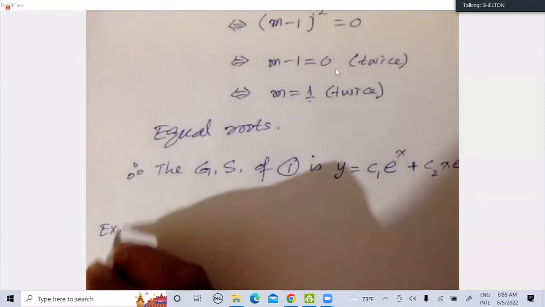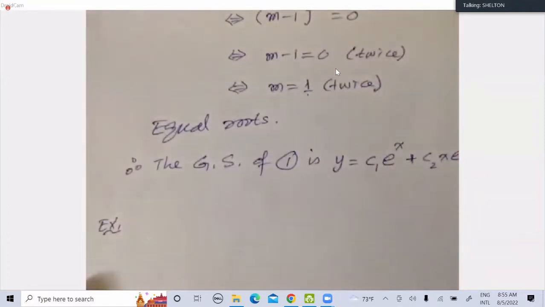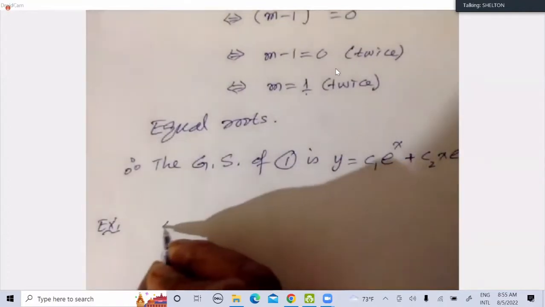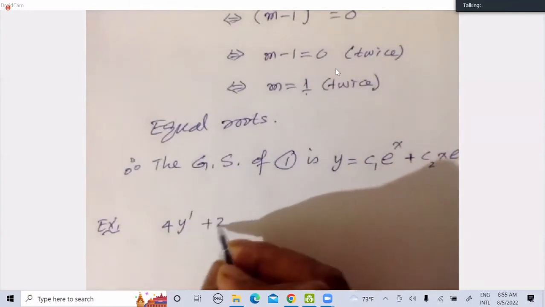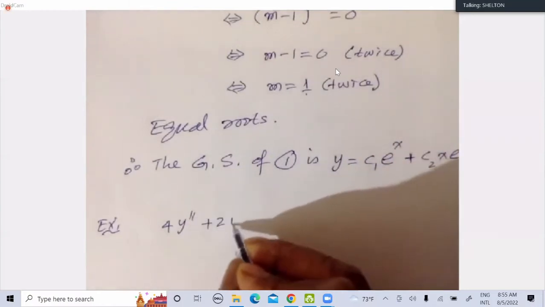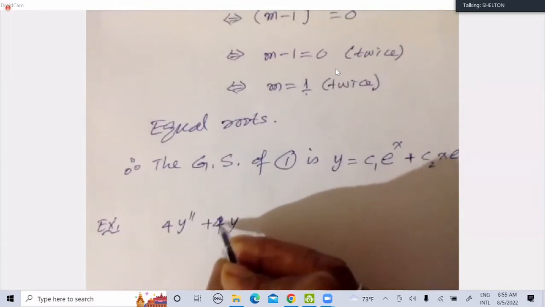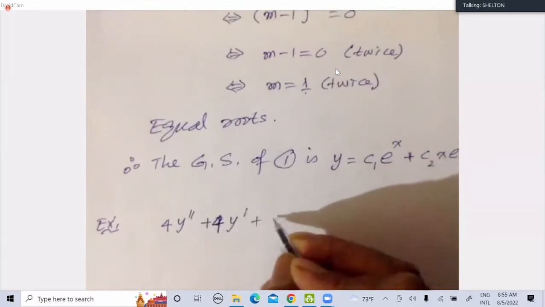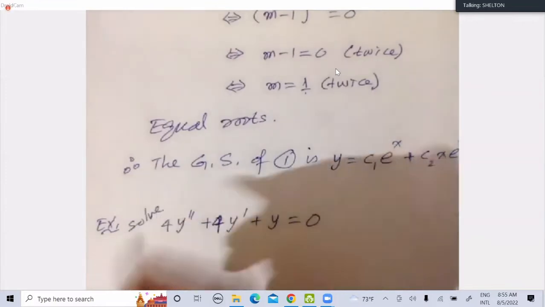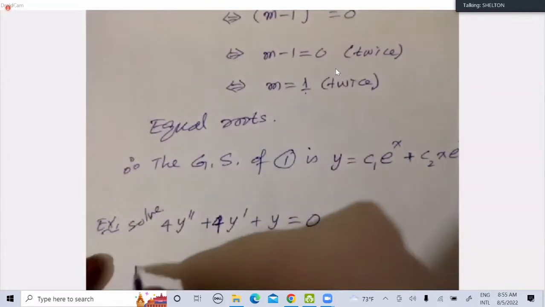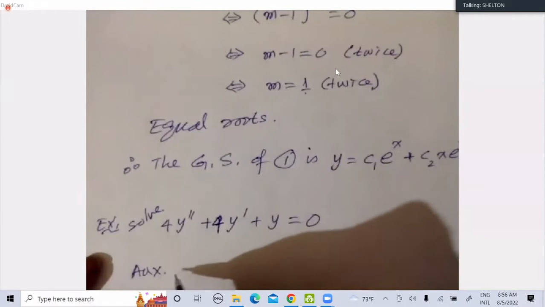Next example. Let us try y double dash plus 4y dash plus y equal to 0. No, not 2, 4. I need equal roots. Solve this equation. Second example for that. Write down the auxiliary equation.